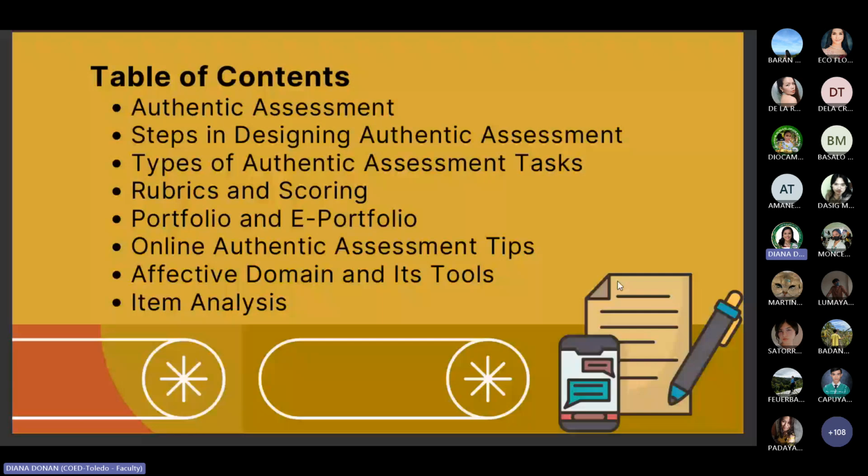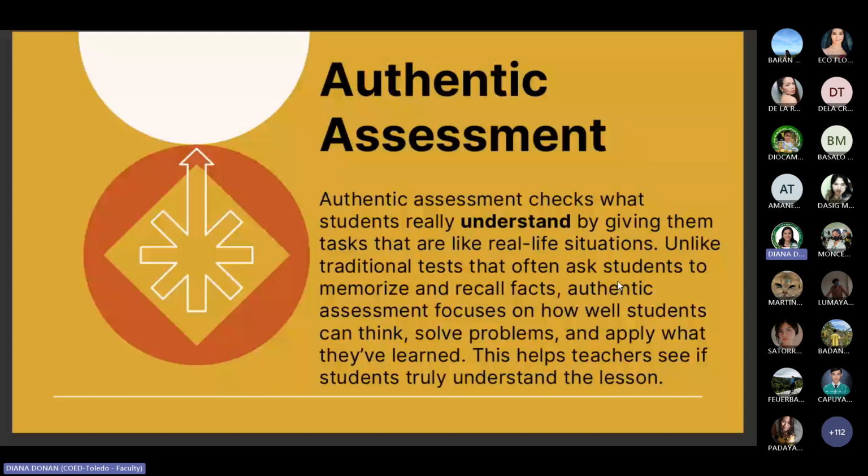Now, I know the table of contents looks like we're about to dive into a full encyclopedia, but don't panic because it only looks heavy, but I promise it's lighter than it seems. So, it's a very small topic. Okay, so let's start with the definition of authentic assessment.